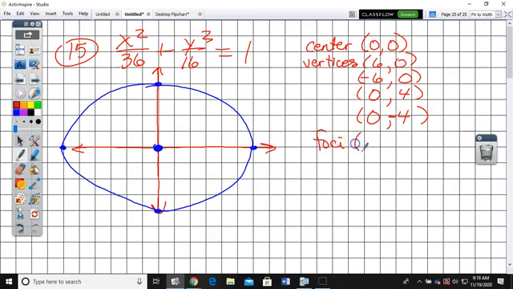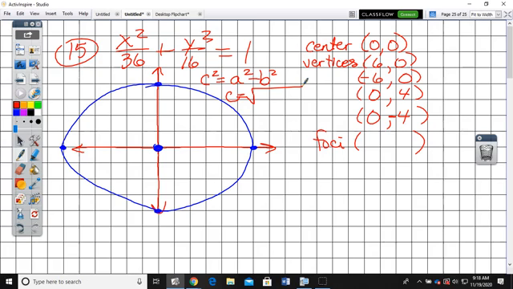The foci. What do I need to find the foci? C. So, to get C, I know C squared is A squared minus B squared. So C is going to be the square root of A squared minus B squared.